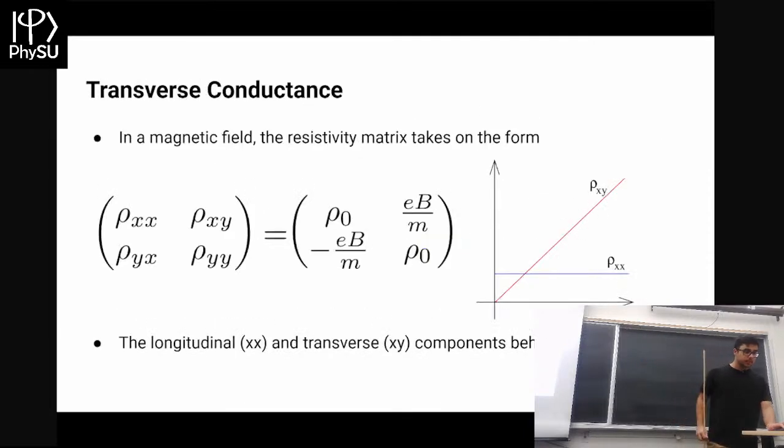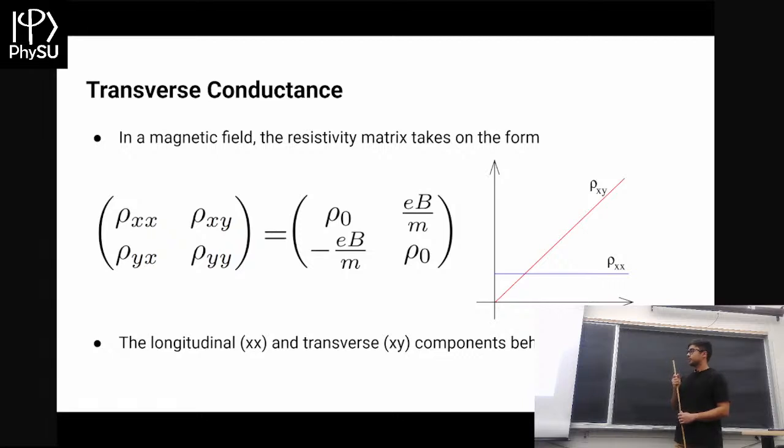So going back here, if we work out the math, it turns out in this 2D system with a magnetic field, you get these quantities, rho xx and rho yy, they're the same, they're just some constant. The details aren't too important. But then we have these two here on the off diagonal. So this means that it agrees with our observation from before.